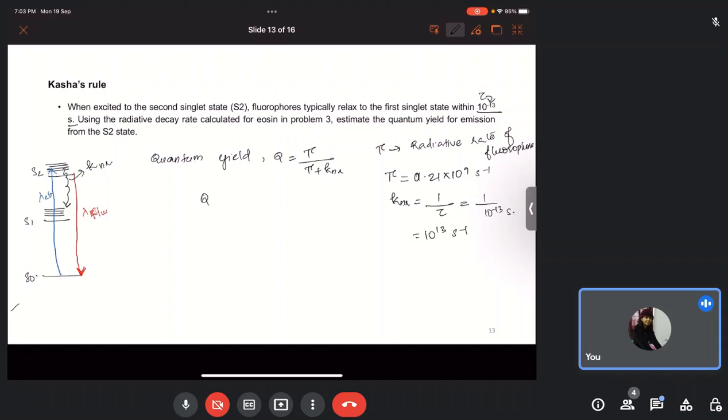So Q is going to be 0.21 into 10 to the power 9 second inverse divided by 0.21 into 10 to the power 9 second inverse plus 10 to the power 13 second inverse.